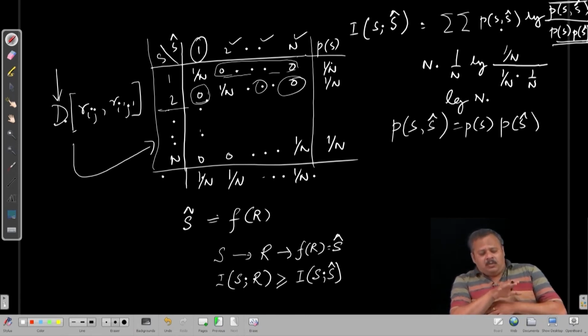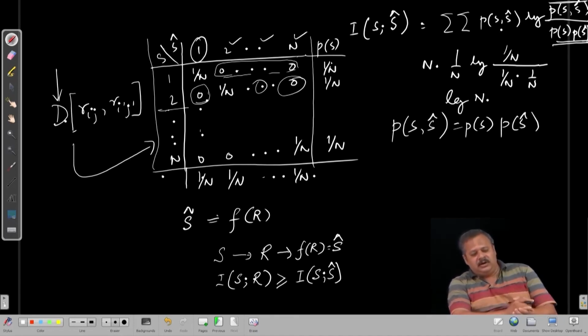So with this idea of the confusion matrix, and treating it as a joint distribution, as we know, to compute mutual information we only require the joint distribution of two random variables. So this confusion matrix serves as the joint distribution between S and S hat, and S hat is simply a function of the response R, albeit a very complicated function of the responses.